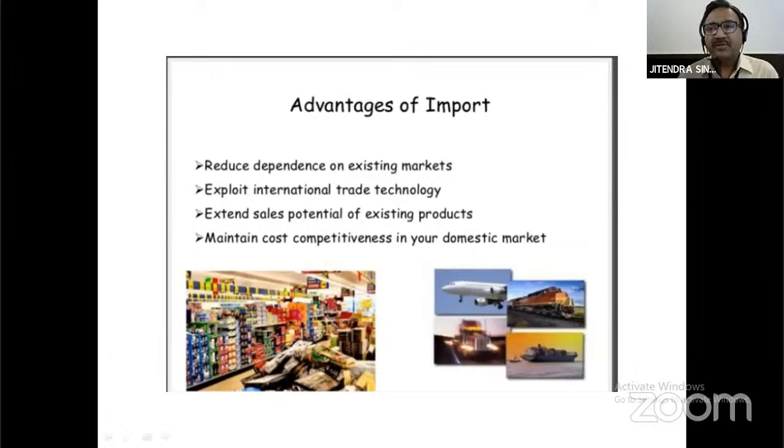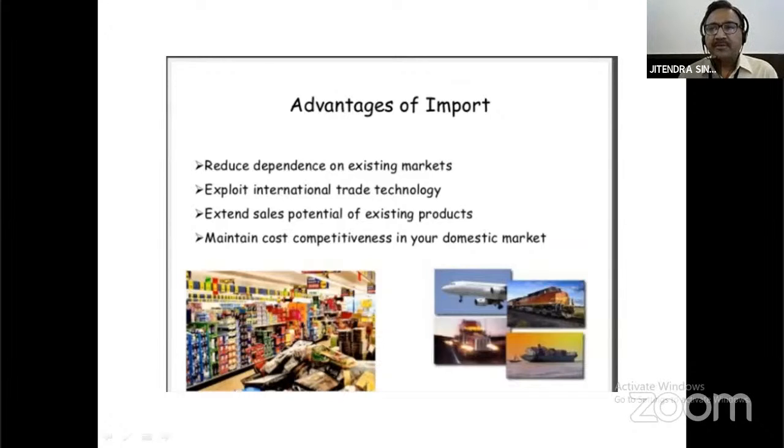Suppose a particular commodity is available in our home market, but the prices are comparatively very high. If we produce a particular commodity in our local, domestic market, prices are comparatively very high. But the same commodity is available in Australia at a lesser price. Better to import that commodity from Australia. So sometimes the government permits, or sometimes the importers import commodities because of the effect of price, because of the lower price in the international market.